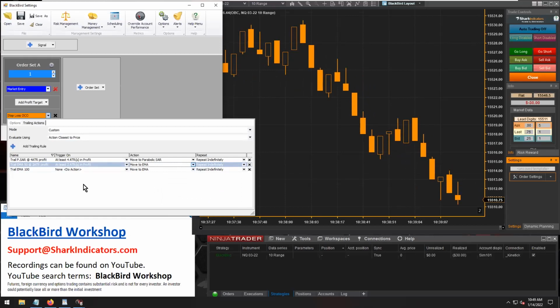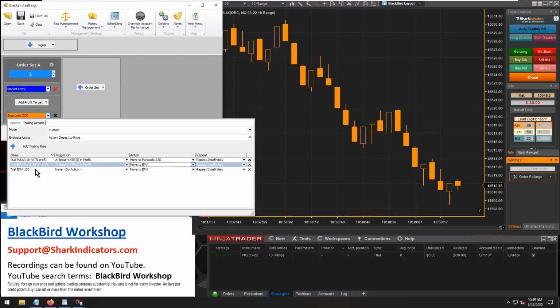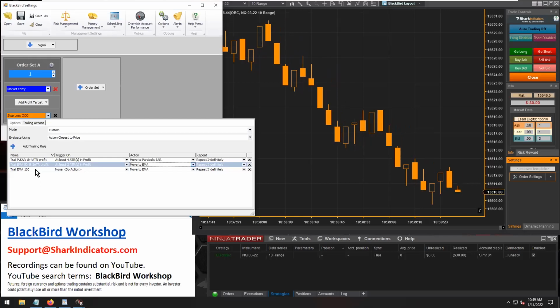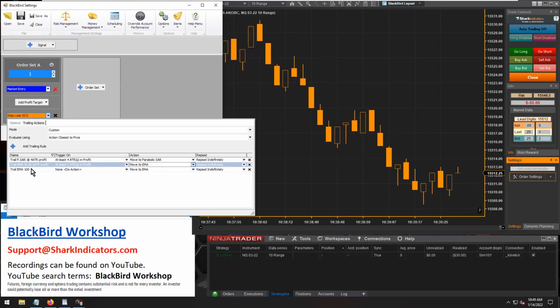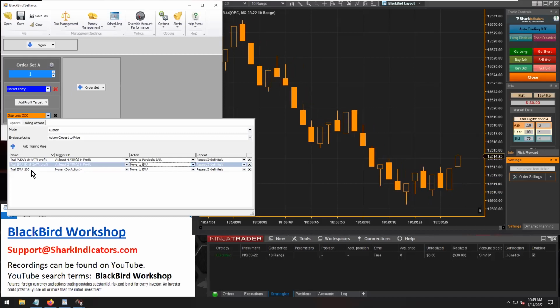But if you get into a trade and your EMA 50 is currently further away from the market price than the EMA 100, then BlackBird is going to continue to trail the EMA 100 until the EMA 50 gets closer to the market price.